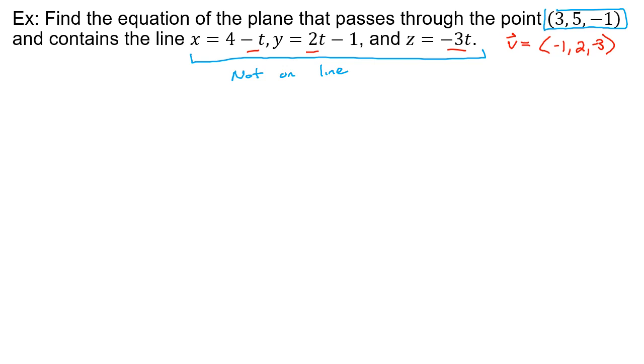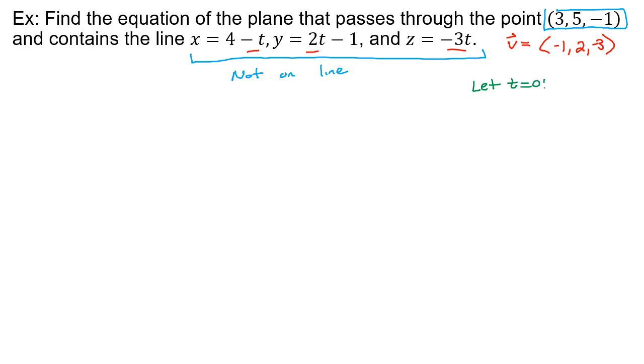So what I could do is come up with another vector from that line. For instance, how about we do this? What if I let t be 0?